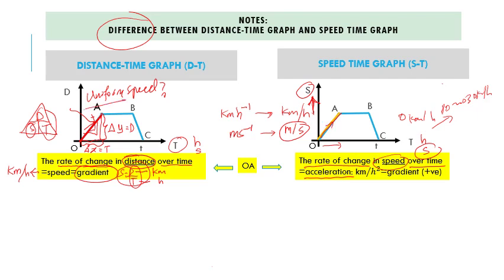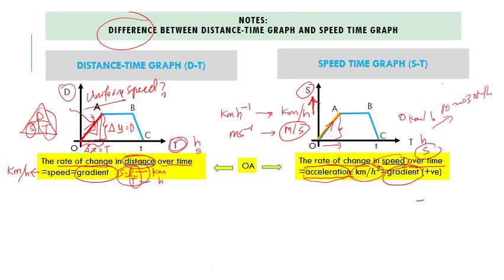But here the speed is increasing. It's called acceleration. And the unit is kilometer per hour square. And how to find it? You use gradient, the same thing as how to find it for the distance time graph.